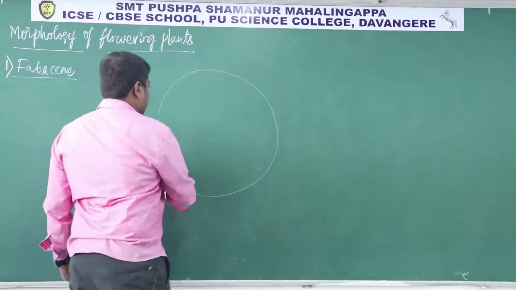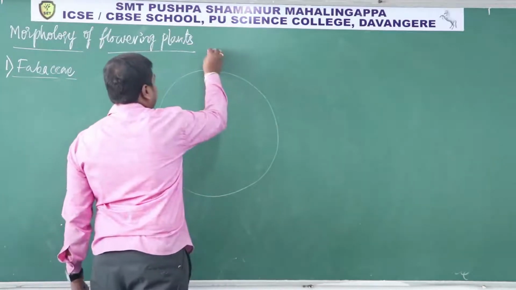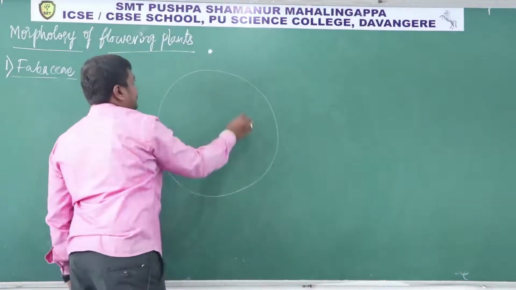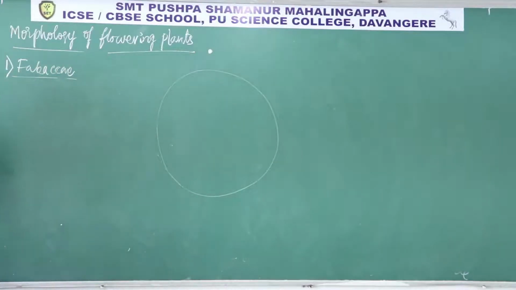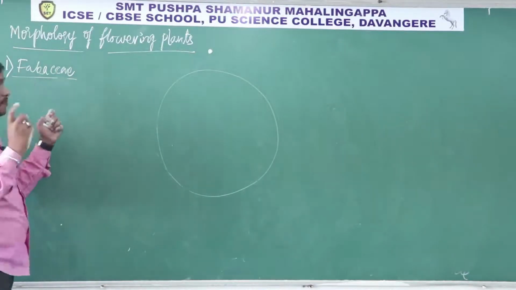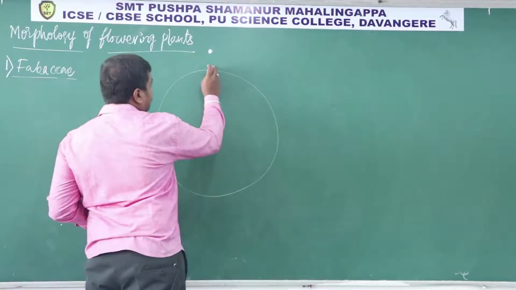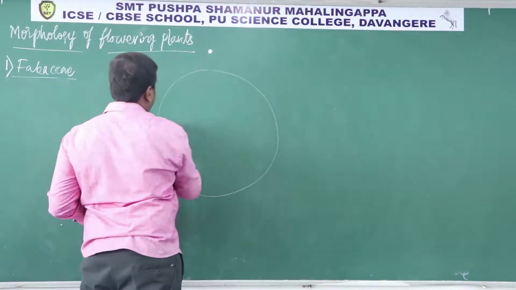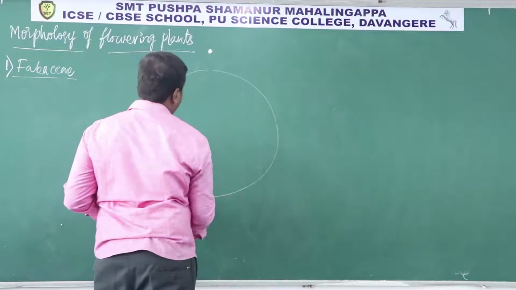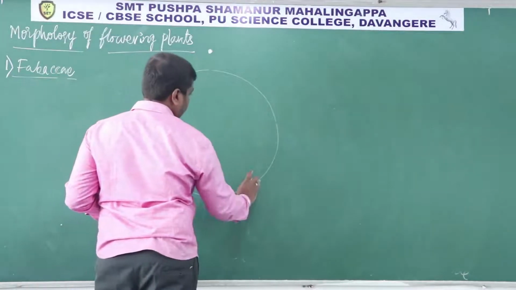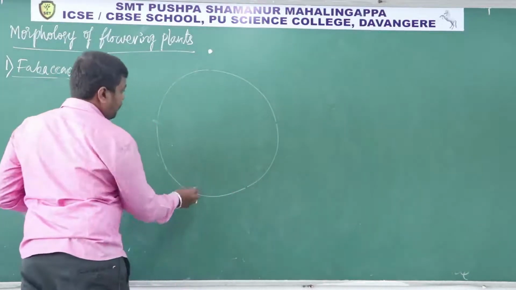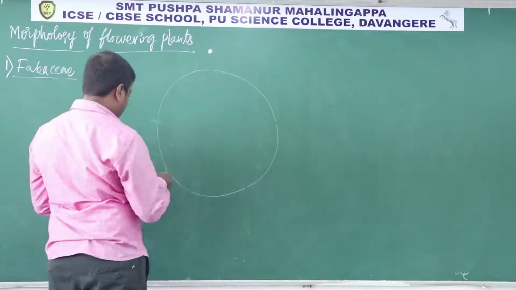Here is the axis. Since it is a zygomorphic flower, the junction of two sepals should be at the center. So two sepals should join at the junction. Total 5 sepals are there.